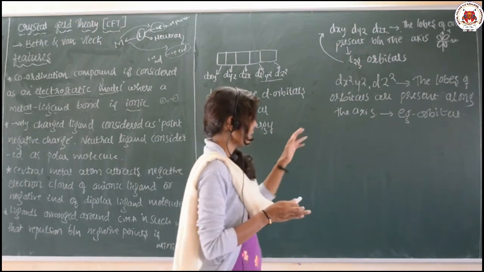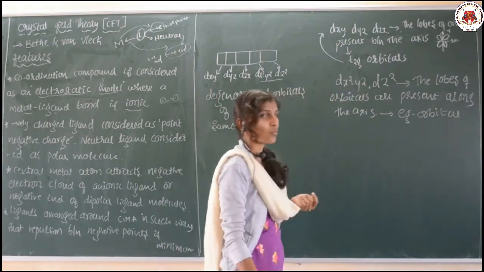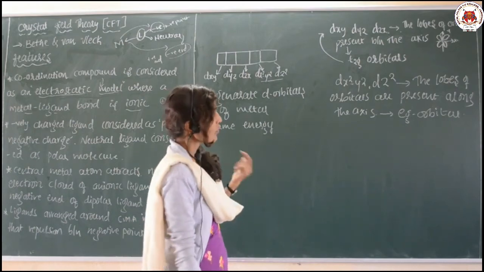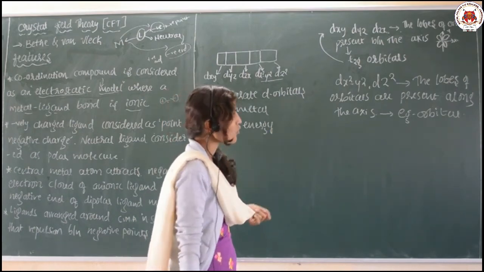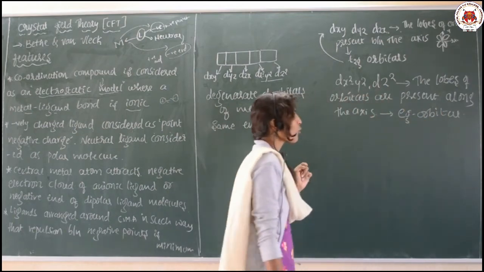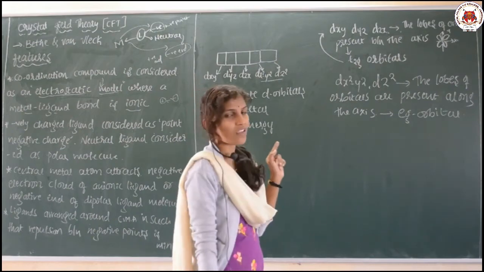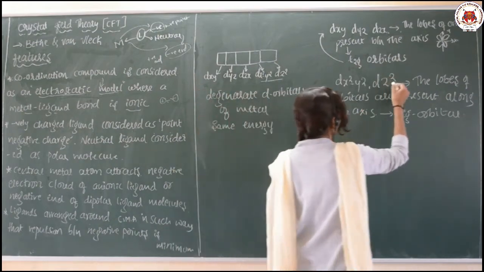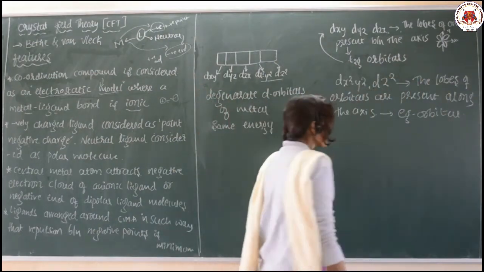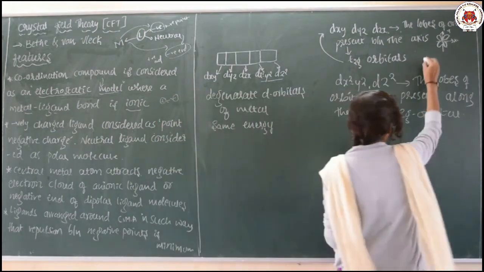Then here 2 more d orbitals are there: dx square minus y square and dz square. In case of these orbitals, the lobes are present along the axis, and these are nothing but the eg orbital. So eg and T2g are the terms referred with the help of spectroscopy.